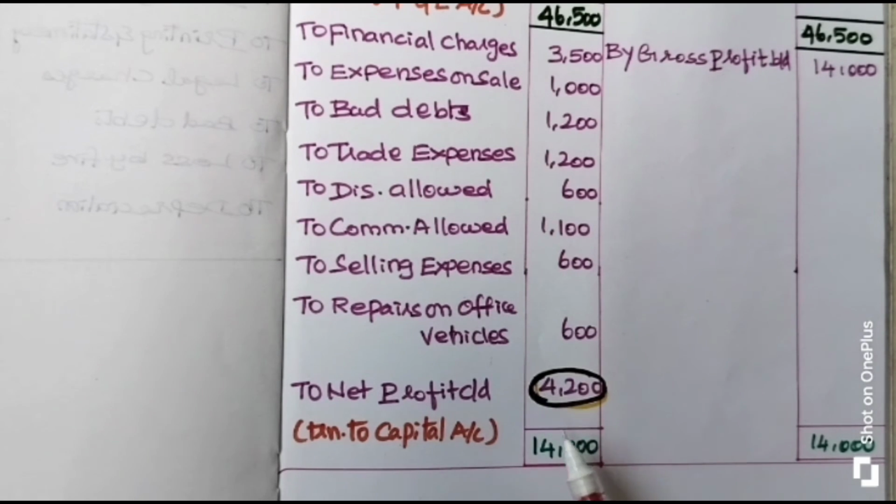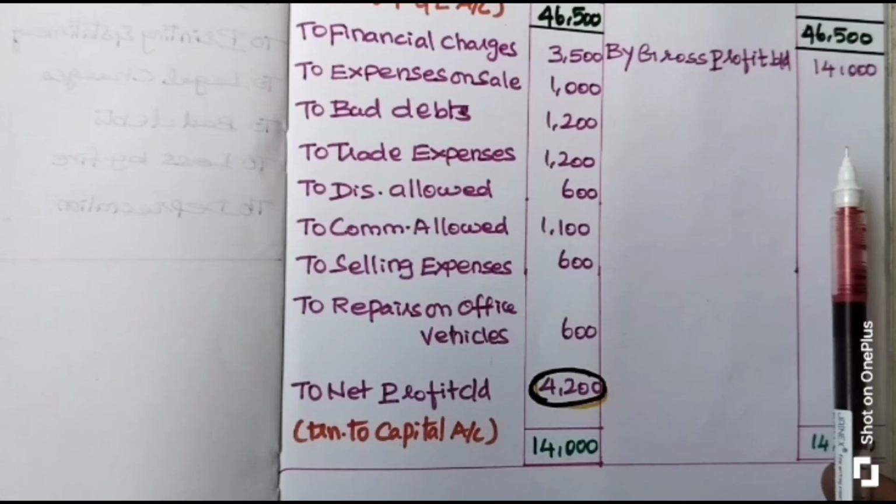Listen, if you have a higher value on the credit side, you will get net profit, or if you get a higher value on the debit side, you will get net loss.